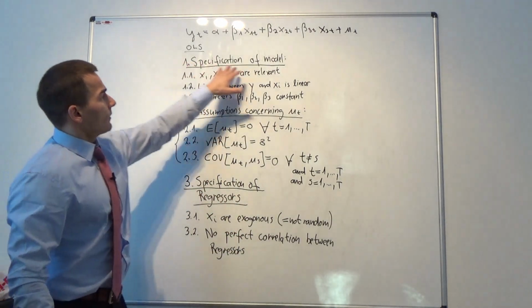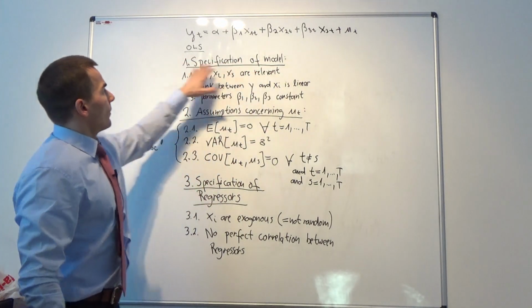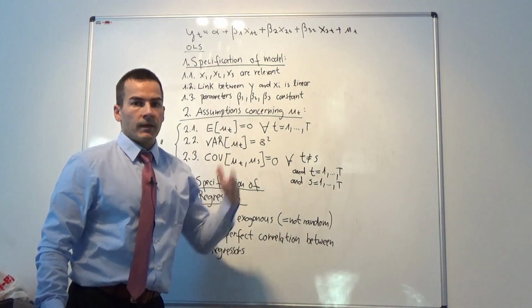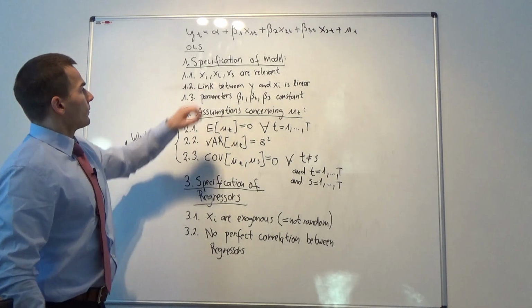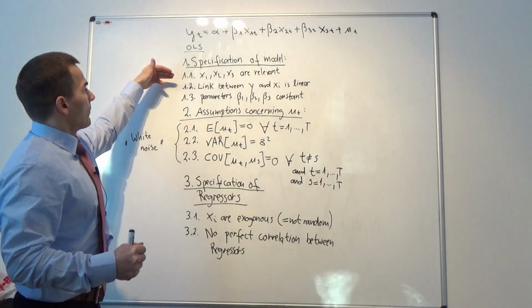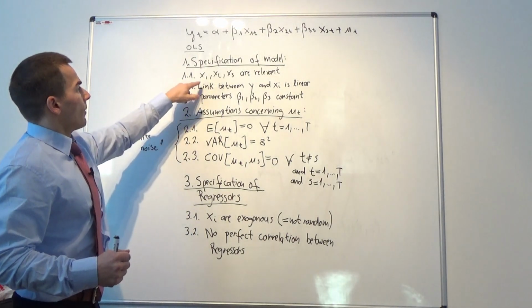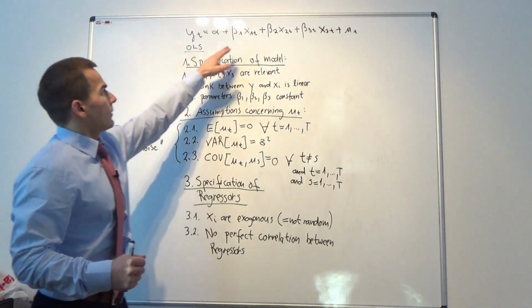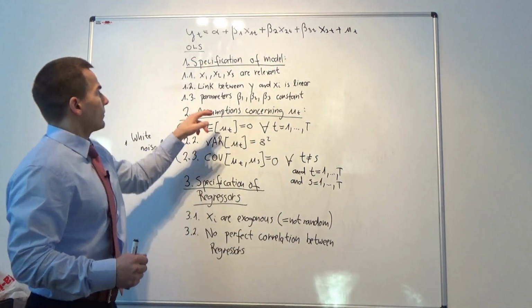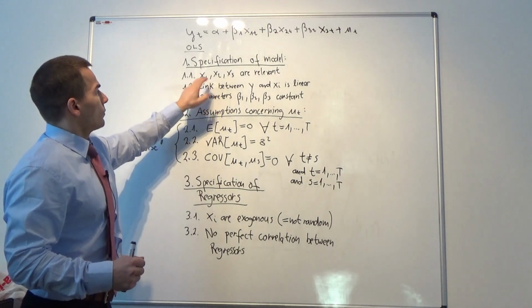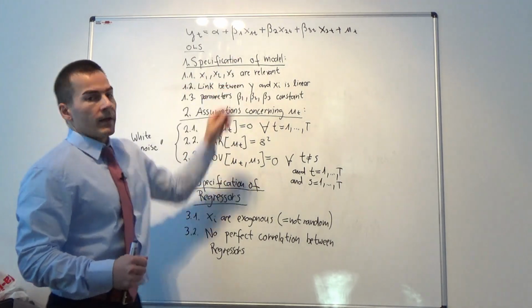So the first assumption concerns the specification of the model. First of all, our regressors x1t, x2t, x3t are assumed to be relevant.